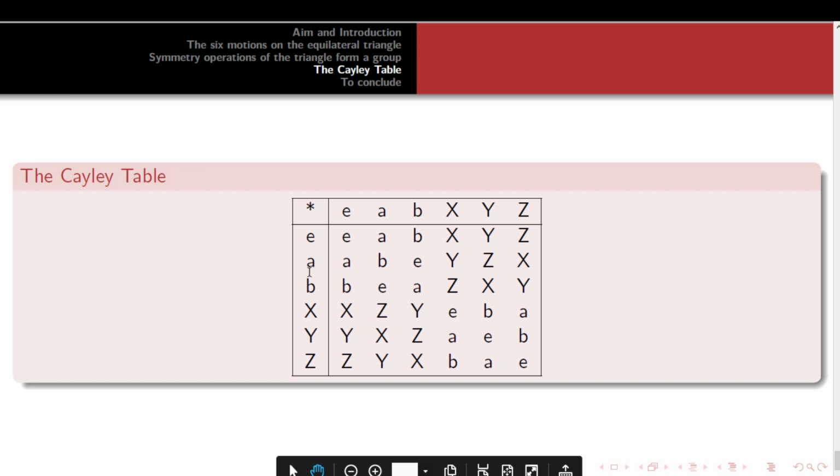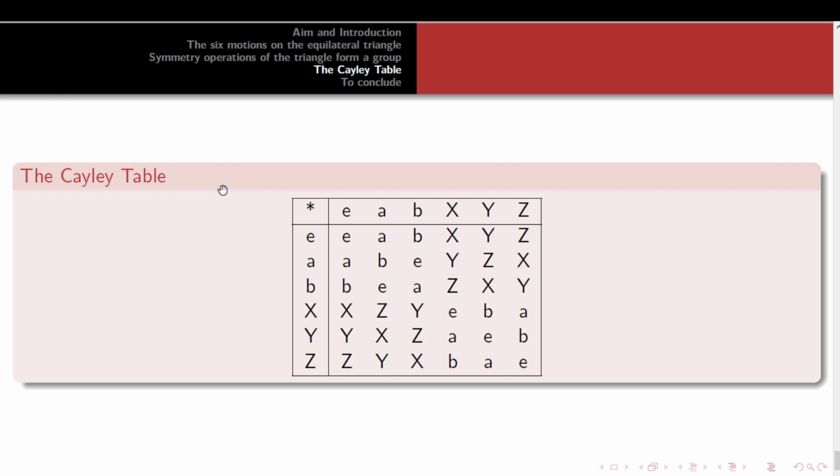And if A is applied on E, you get A; A applied on A, you get B; A applied on B, you get E; A applied on X, you get Y, and so on. Usually this table associated with a group is called a Cayley table.